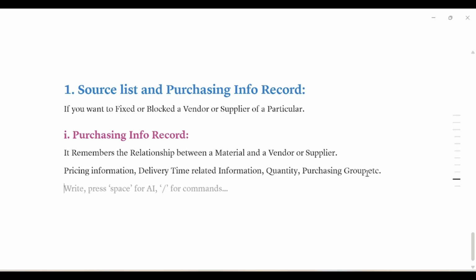If you want to create a purchase info record, use T code ME11, for change ME12, for display ME13.